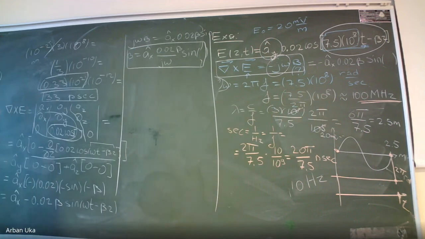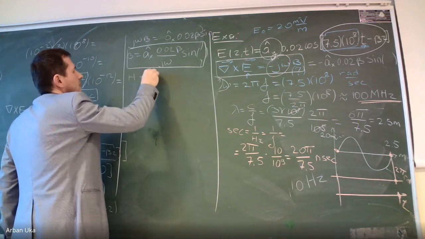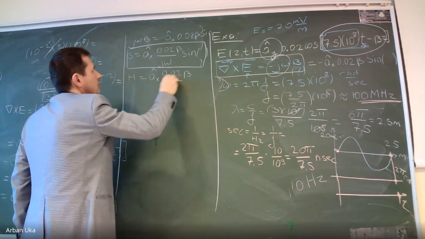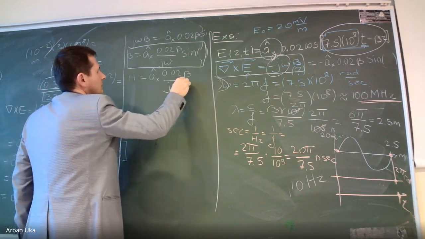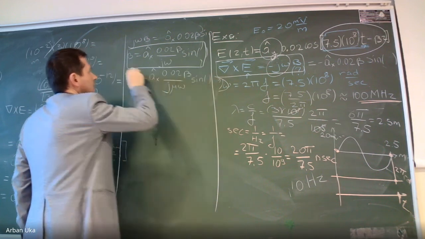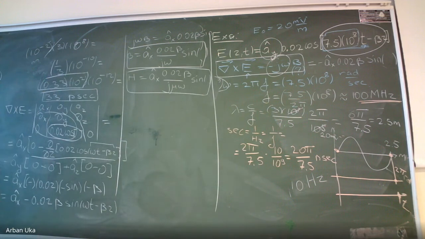So we found the B. If we need to find also the H, we know that H is equal to B divided by mu. Okay, so we found also the H.